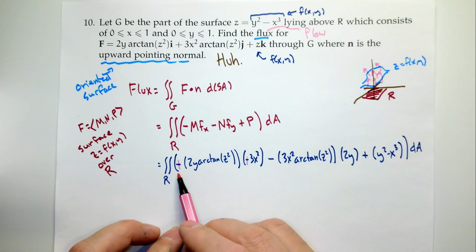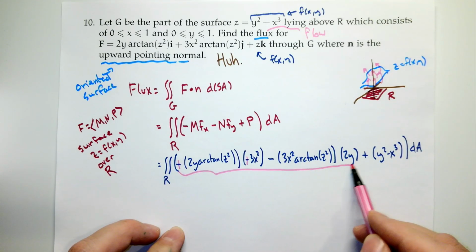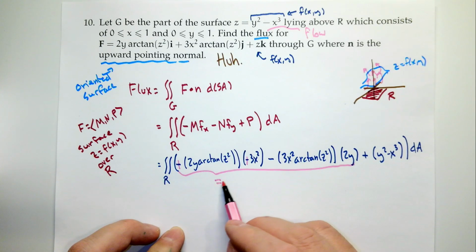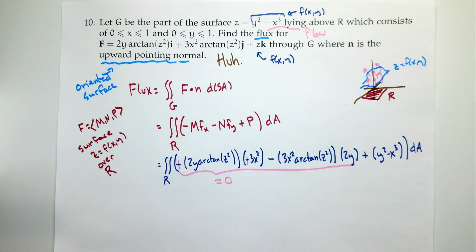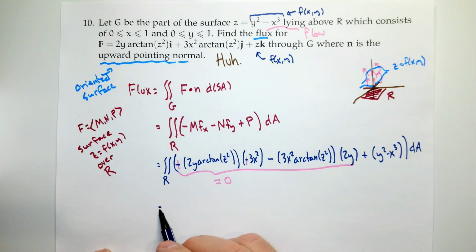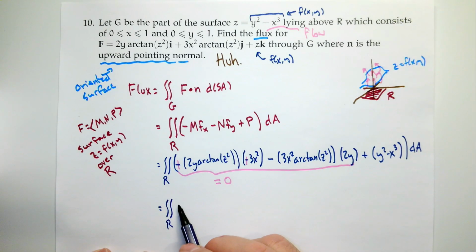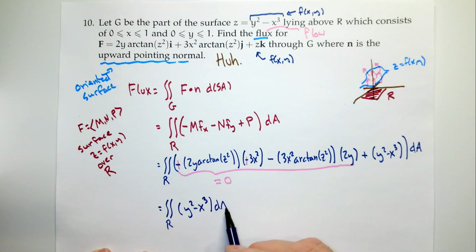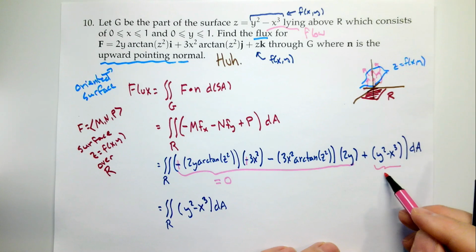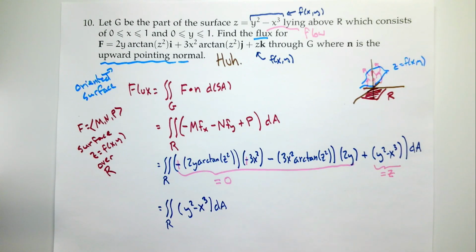So the first two terms cancel out. It's set up so that, yes, the integrals themselves are absolutely atrocious. We'd never ever want to do them, but the problem has been set up in a way that we get something very nice. So it reduces to the integral of y squared minus x cubed dA. And I'll just put this as a reminder. This part right here is our z.